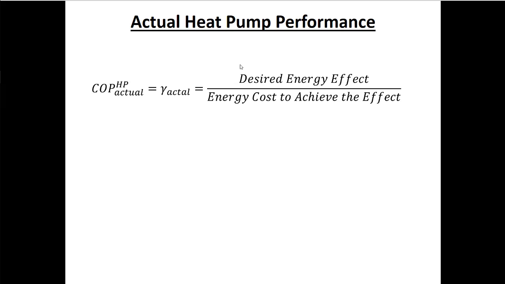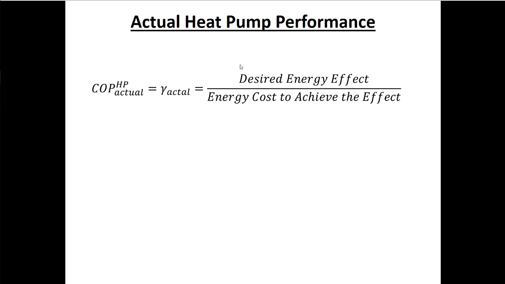Here we're going to talk about something called a coefficient of performance. Coefficient of performance is kind of like efficiency, but we don't use the word efficiency here because coefficient of performance is always more than one, and efficiency is a percentage or a per unit value that can only go from 0 to 1. So we call it this coefficient of performance. But conceptually, it's still the same thing. It's going to be the energy effect that we want divided by the cost that we use to achieve that energy effect.